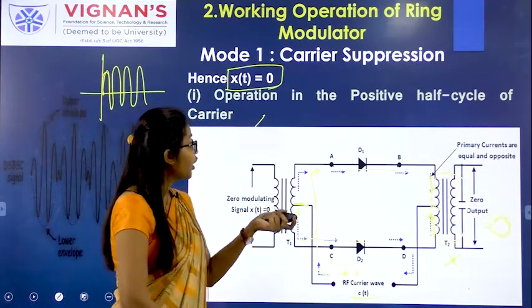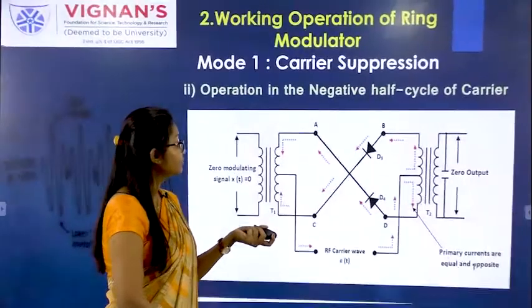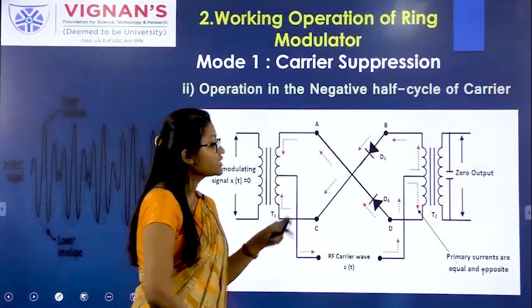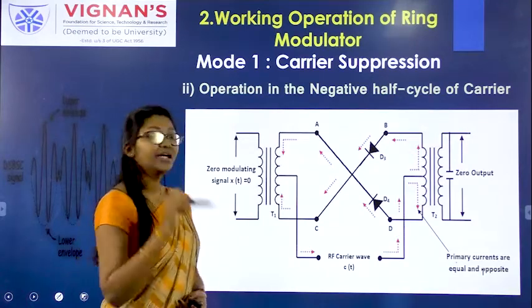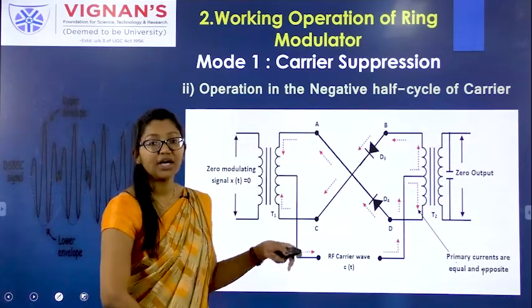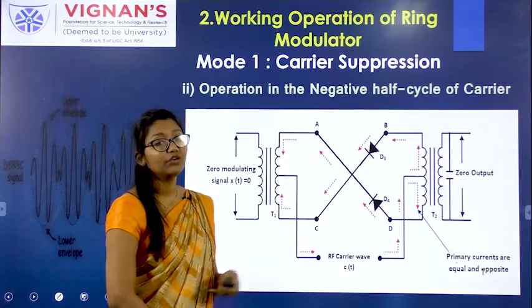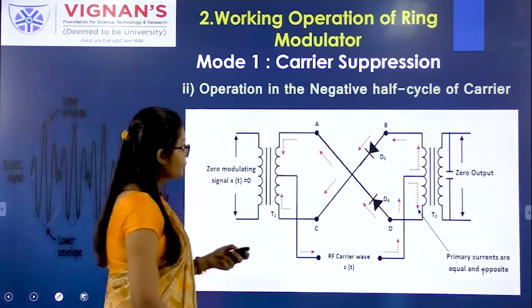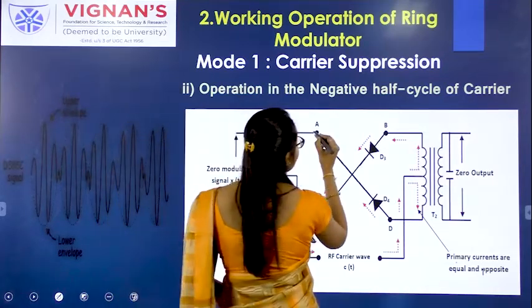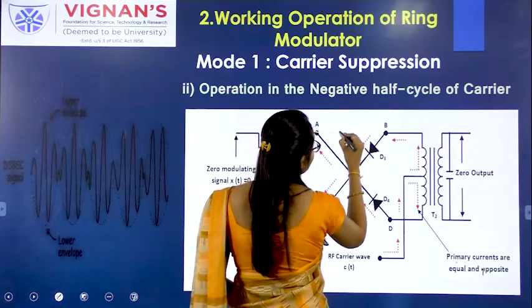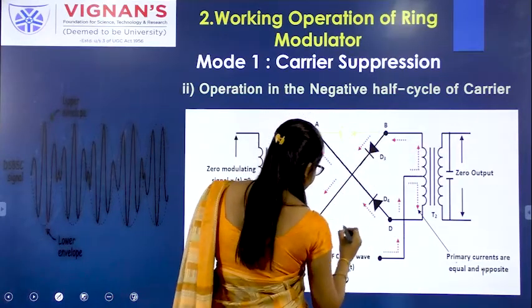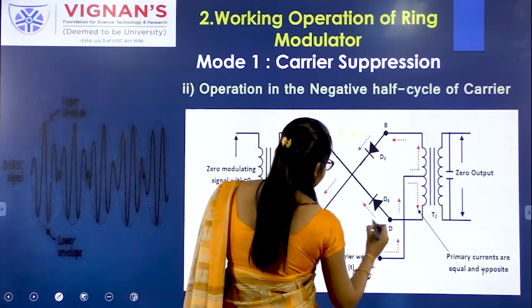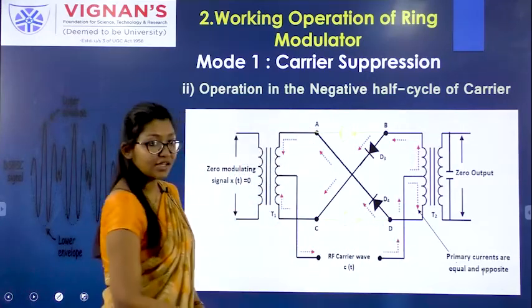And in the same way, if you are considering the negative half cycle, D1 and D2 will be off, due to the current direction. Okay. So if you see here, this is the actual circuit, right?